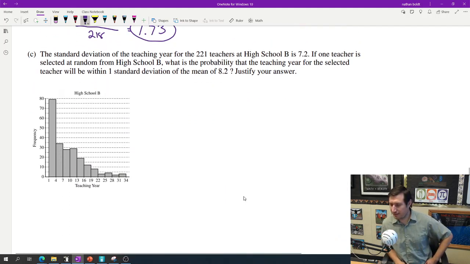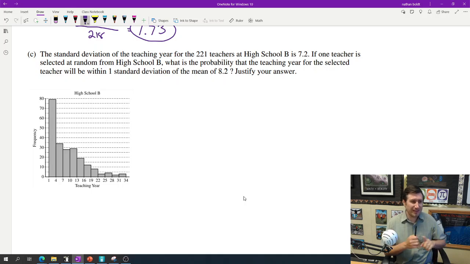All right, and letter C. The standard deviation of the teaching year for 221 teachers at high school B is 7.2. If one teacher is selected at random from high school B, what is the probability that the teaching year for the selected teacher will be within one standard deviation of the mean of 8.2?